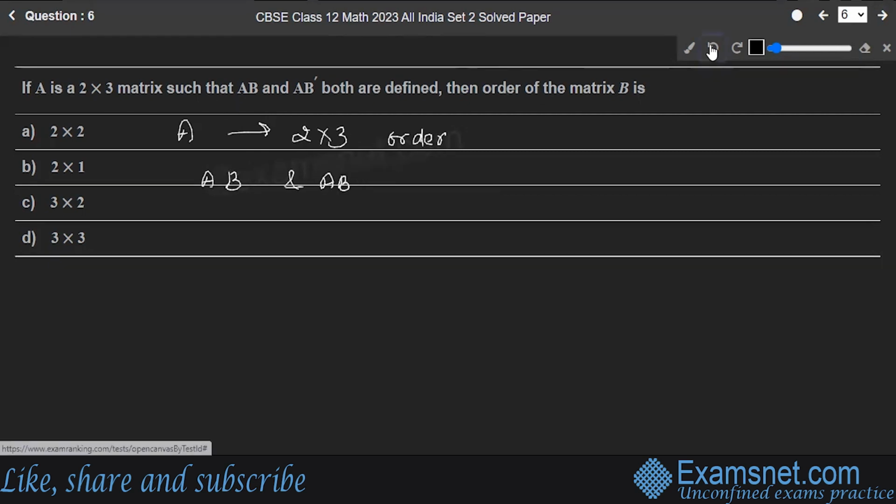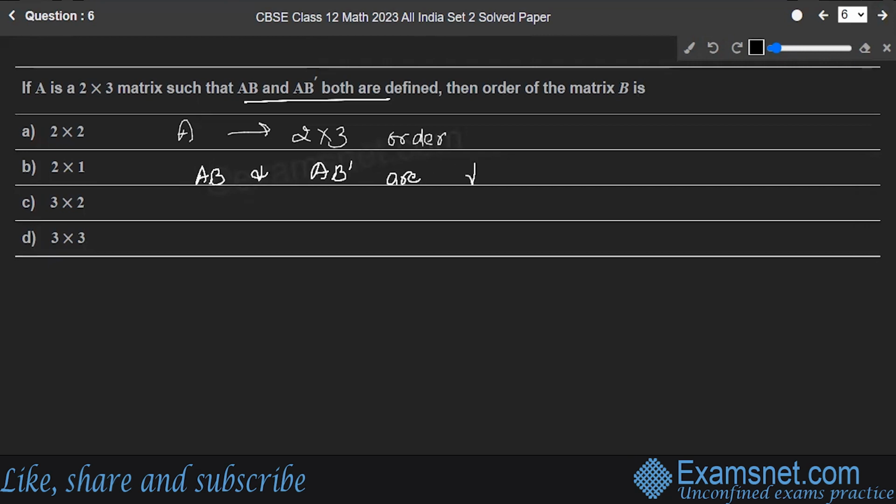Also you are given one more thing, that AB and AB dash both are defined. Then from the given options, order of the matrix B, of course, see, this is defined, this is defined.